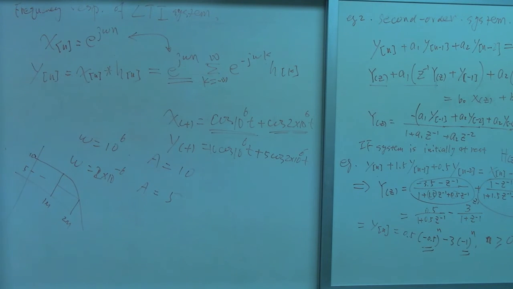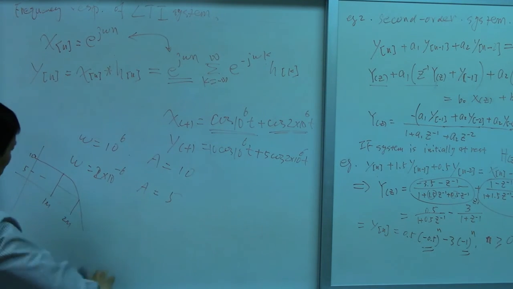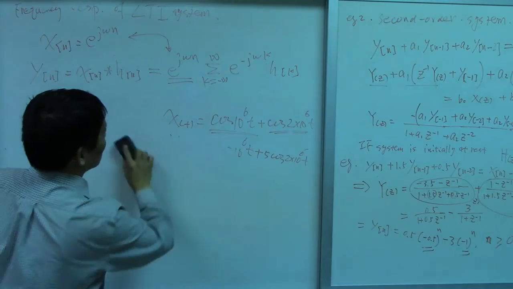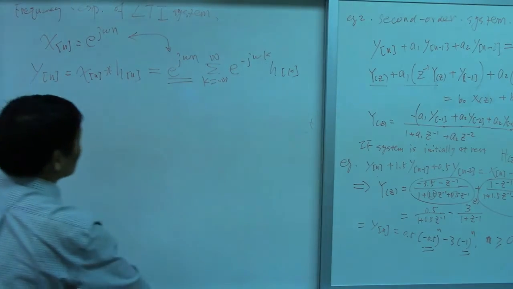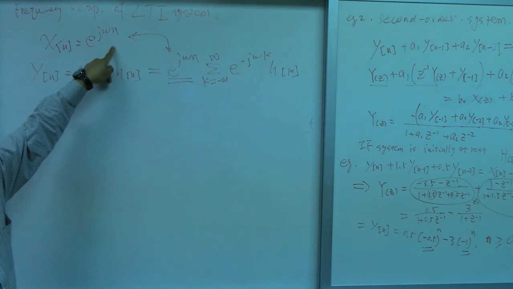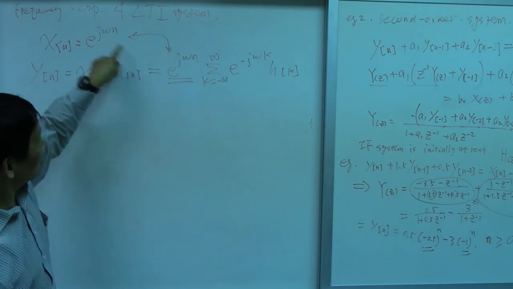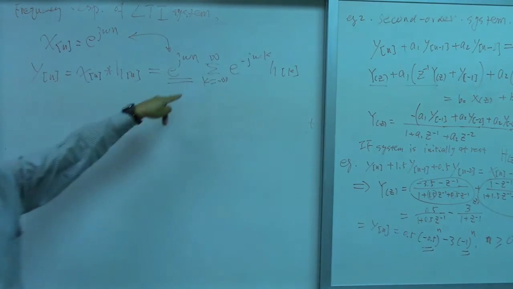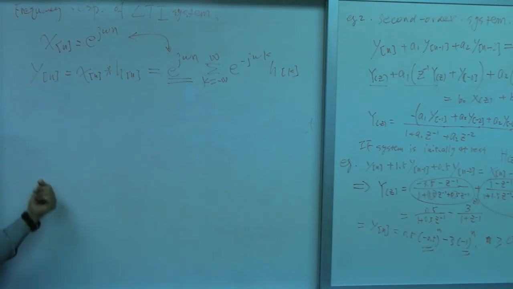Right. So we need to find the frequency response. Frequency response here is very important. Once we know that, we can easily find the output. So for this input, cosine function or sine function, exponentials, for this omega, this is the gain, like this 10 or this 5 corresponding to this.